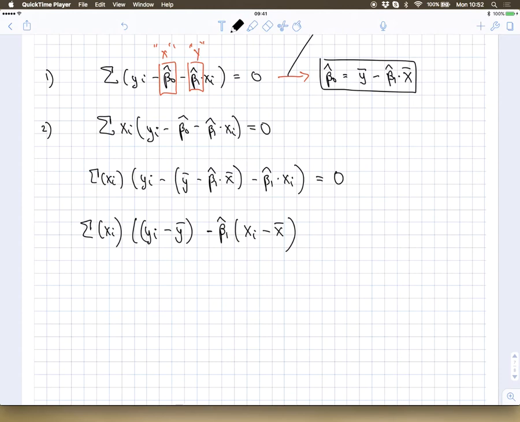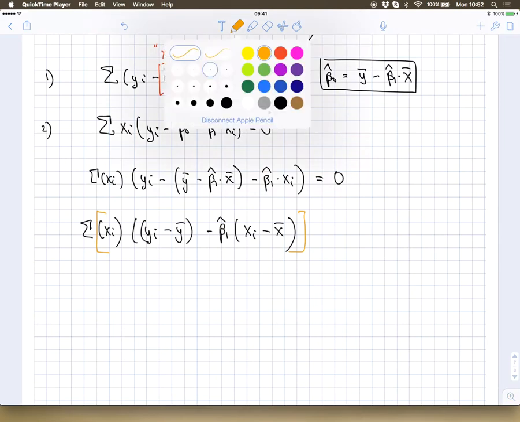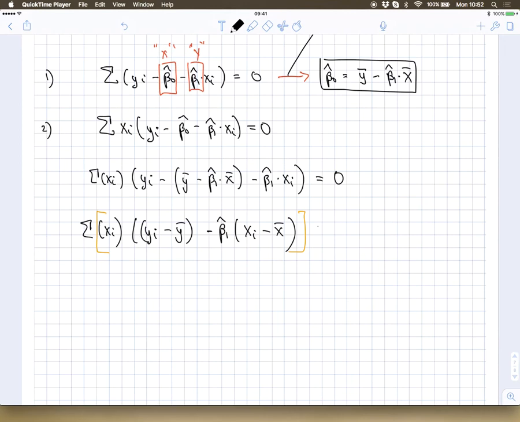And of course, let's not forget brackets are important, all of this is under the summation notation. And all of this is equal to 0. So far, so good? Yeah, everybody with me? Okay.